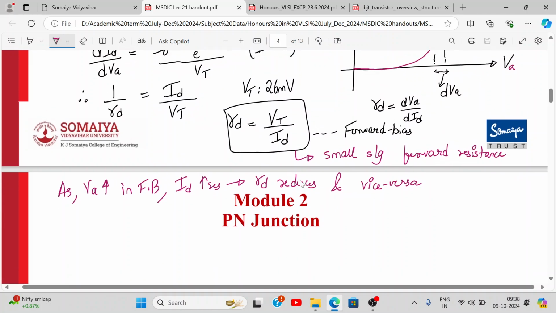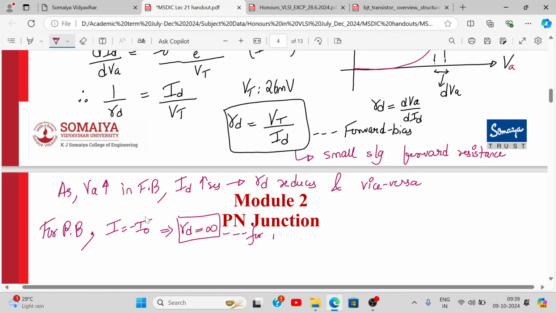Acha, what about reverse bias? For reverse bias, what is the current given by? Minus I naught. Yes or no? In this case, since the current is very, very small, what about this diffusion resistance? It is infinite. Got it? This is for an ideal reverse bias diode.